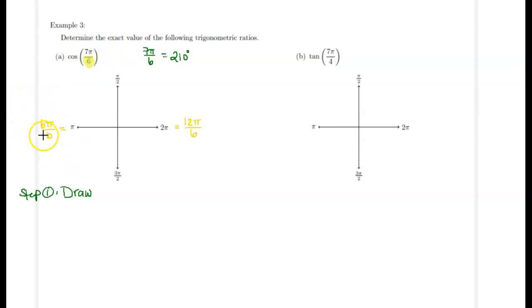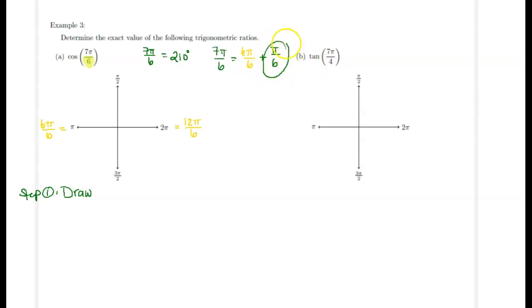Well, that's closest to 6 pi over 6. And since it's 7 pi, it's just a little bit more than 6 pi over 6. So we can write it that way. 7 pi over 6 is equal to 6 pi over 6 plus, well, plus what? We need one more pi over 6.